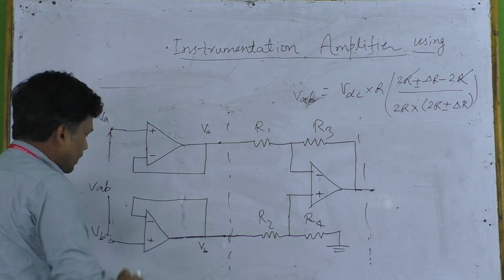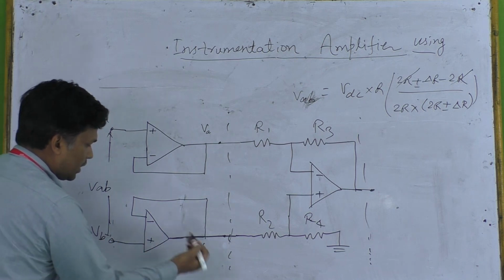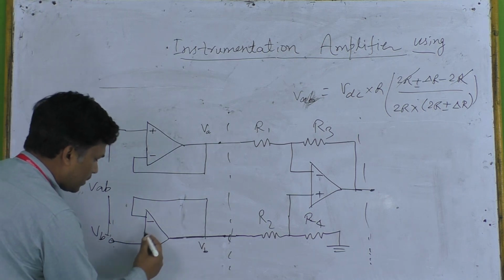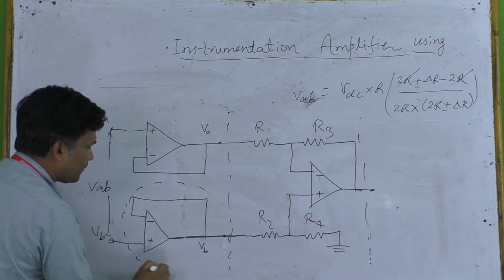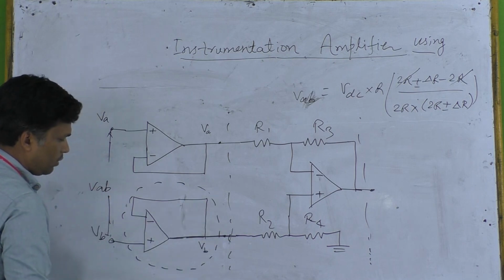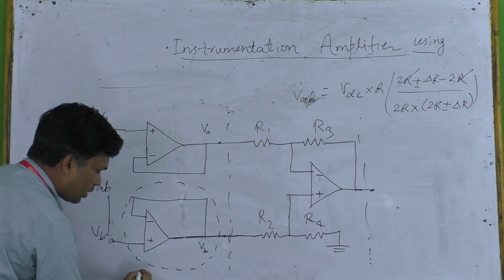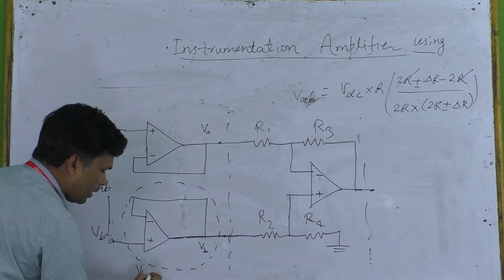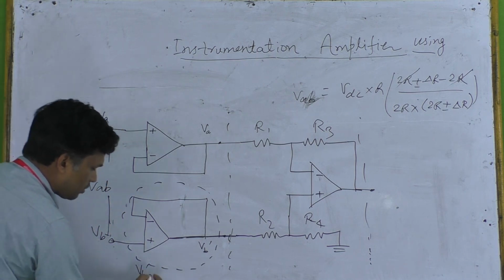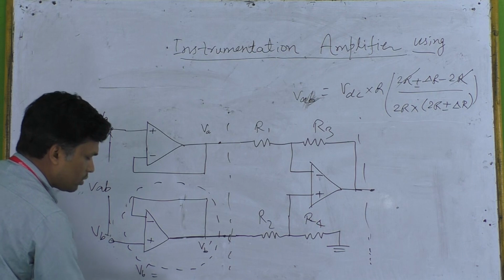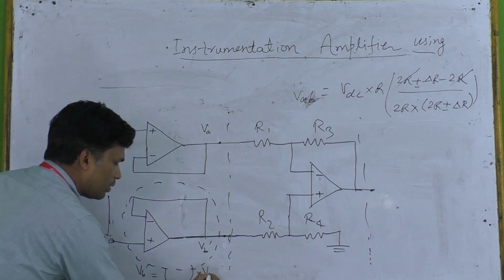As these are buffer amplifiers, whatever value is available over here will reach this particular point. How? If you think about this particular circuit only, it is a kind of non-inverting amplifier. So what is the output of the non-inverting amplifier? VB dash, as we have used over here VB, and that VB dash will be equal to the gain of this non-inverting amplifier multiplied by the input VB.